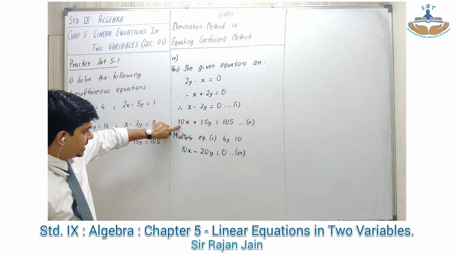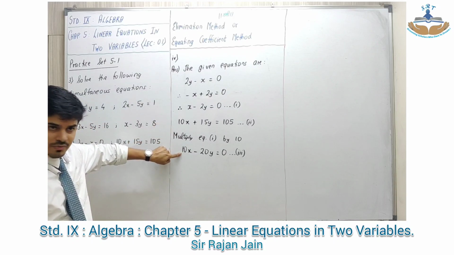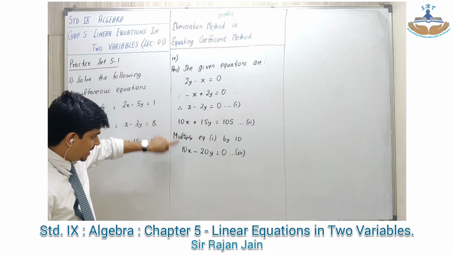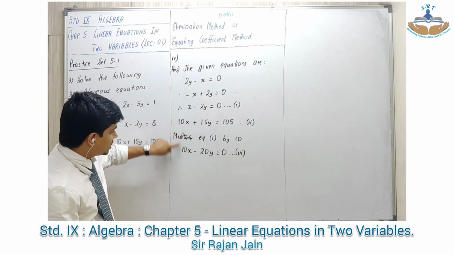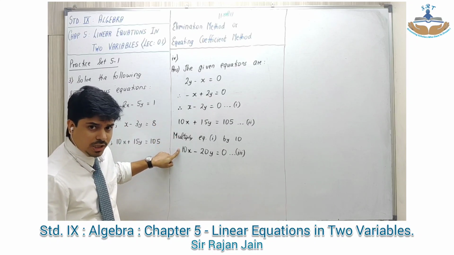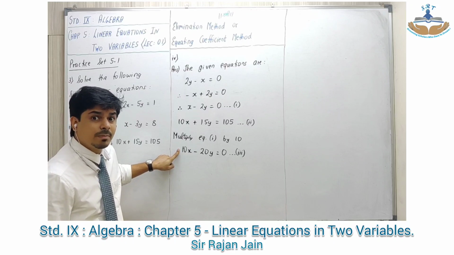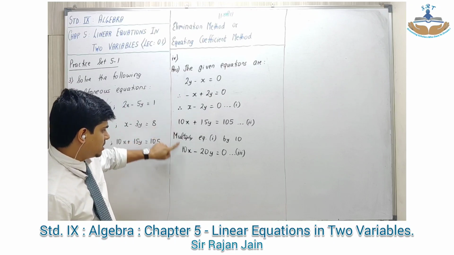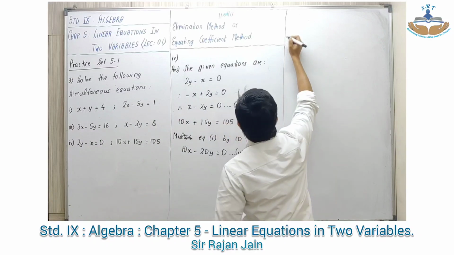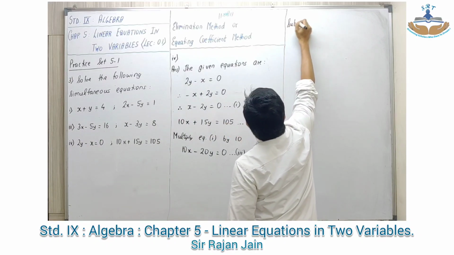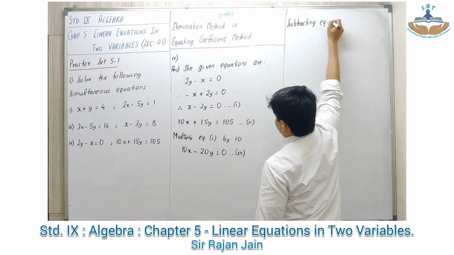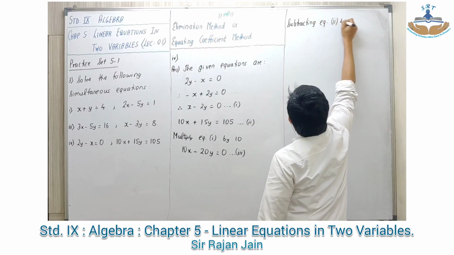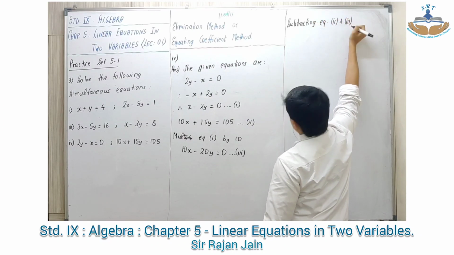Now this is your second equation. This is your third equation. Coefficient equate हो गया. अभी eliminate करने का है. Okay. They both are with the same sign. So in order to eliminate that, you will have to subtract the equation. So this equation and this equation I will subtract. I'll say subtracting equation 2 and 3.